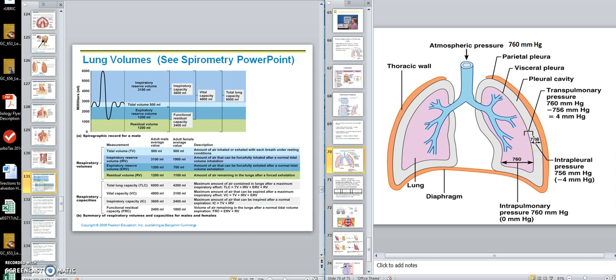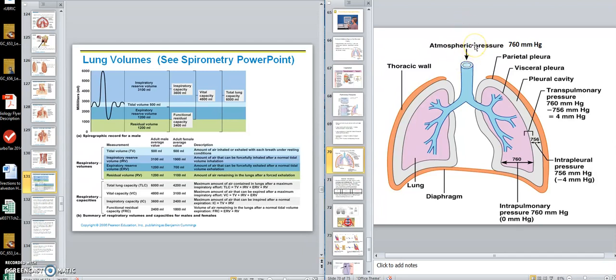You go to what? I'm sorry, you were 756 again, with extra 500 cc's. When you compress down, you go to 758. When you go to 758, you go to 762. When you go to 762, you're above this and air rushes out.